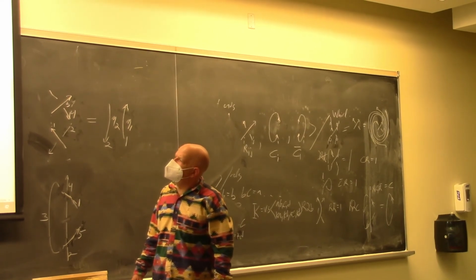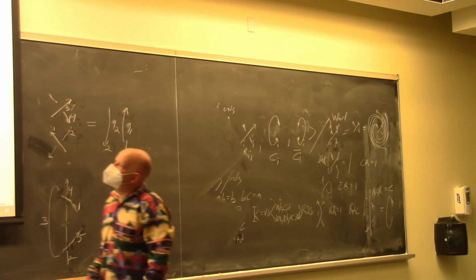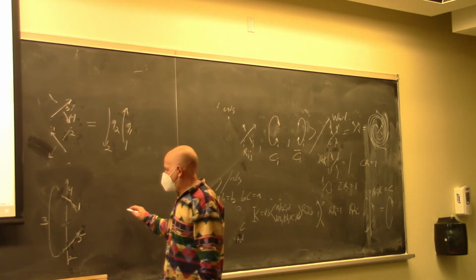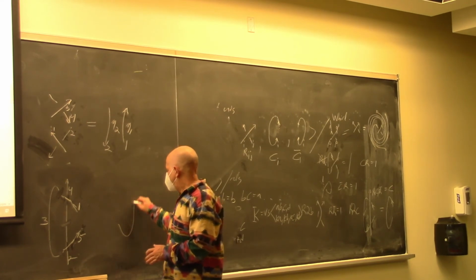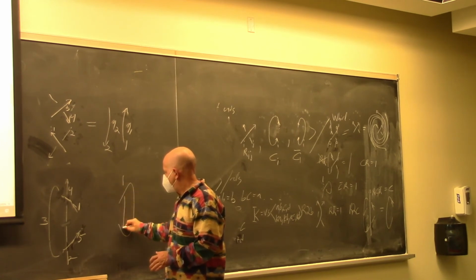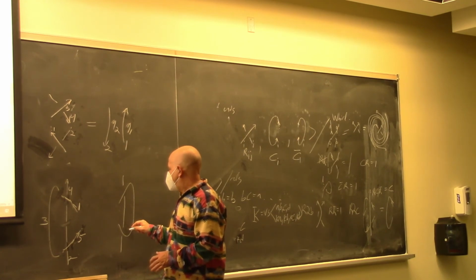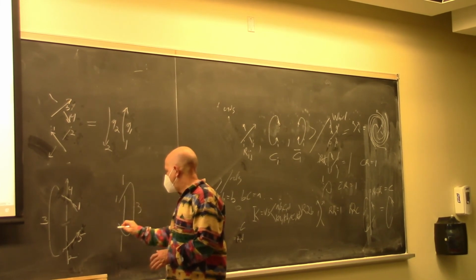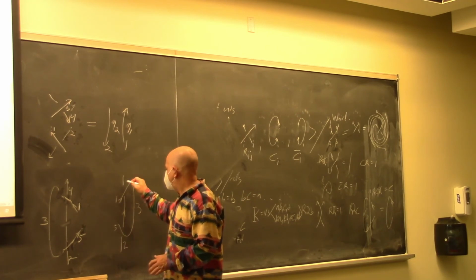No, it's actually wrong as written. It should have been a C bar. So if I do the orientations right, it's a picture that looks like this. C bar. So it's a picture that looks like this, right? So 1, 3, 5, 2, 4.